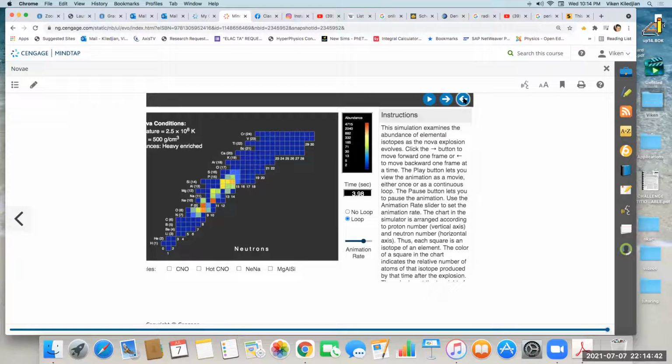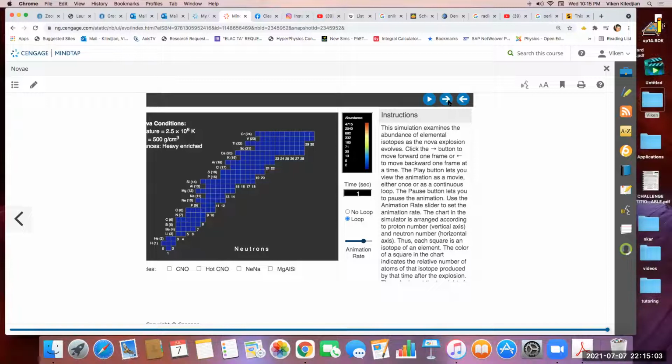Okay, so let's just say 1 second in the animation is 1,000 years of real life. I'm not sure how it works, but at 0 seconds, nothing has been produced in that nova explosion. So then at 1 second, then at 2 seconds, oh, damn it, it stopped working again.